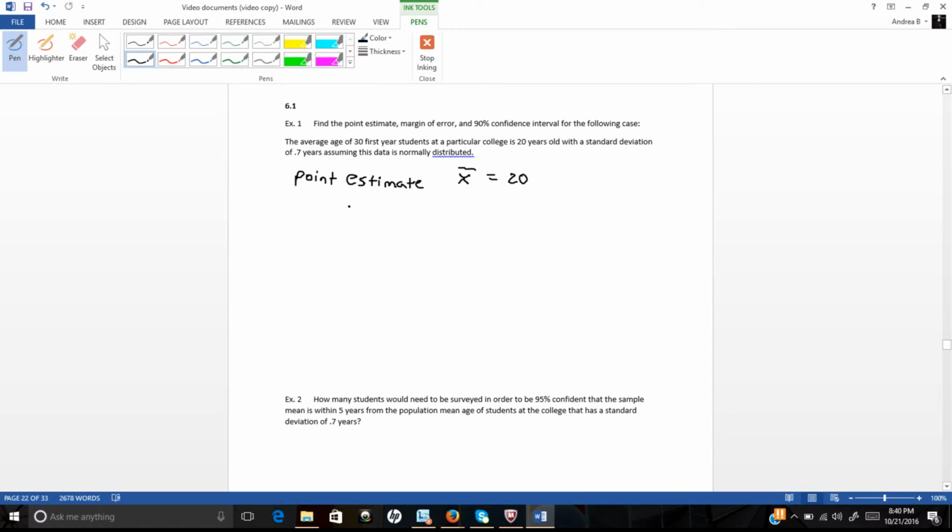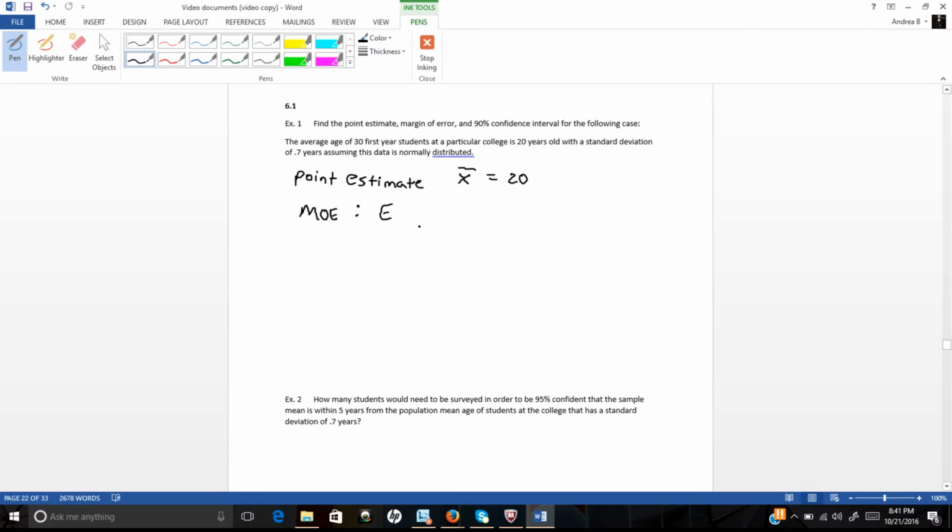That's our point estimate. And then margin of error, we normally abbreviate. We can either do it as MOE for margin of error, or in the book here, capital E represents our margin of error.